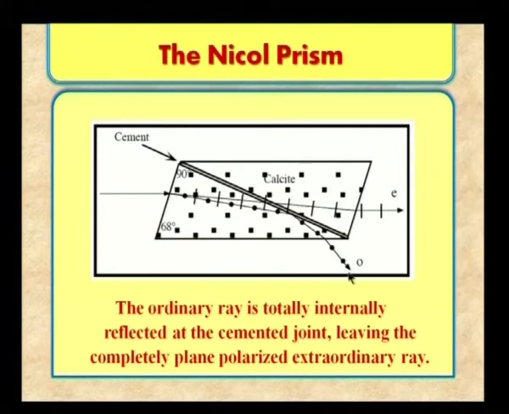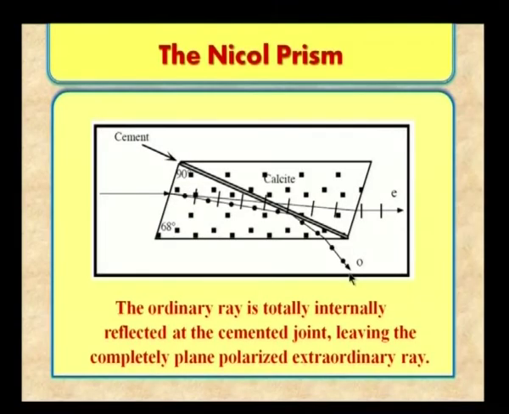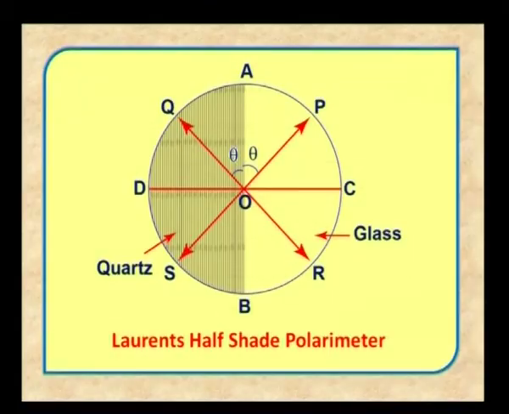The ordinary ray obeys the laws of refraction. The extraordinary ray will not obey Snell's laws of refraction, that is extraordinary, this is ordinary. So, for every light ray there will be two refracted rays, that is called double refraction, which is experienced by the light ray passing through the quartz crystal.